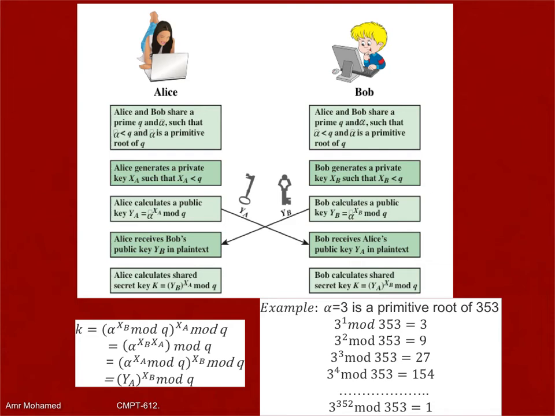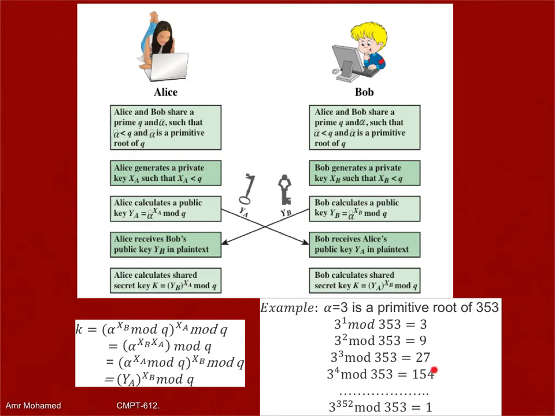So when we say alpha is a primitive root of q, for example, 3, which is alpha, is a primitive root of 353. This means that if we put 3 to the power 1 mod 353, that's 3. If we put 3 to the power 2 mod 353, that's 9. And after some time, we start to have numbers which are more than 353, but still the numbers we achieve here are always different.